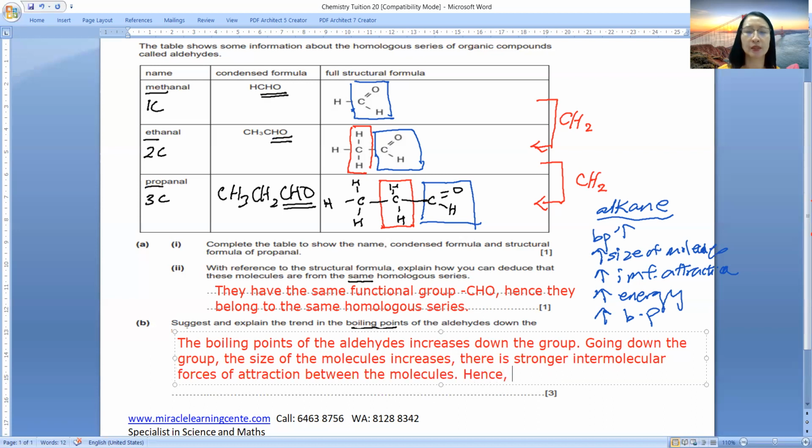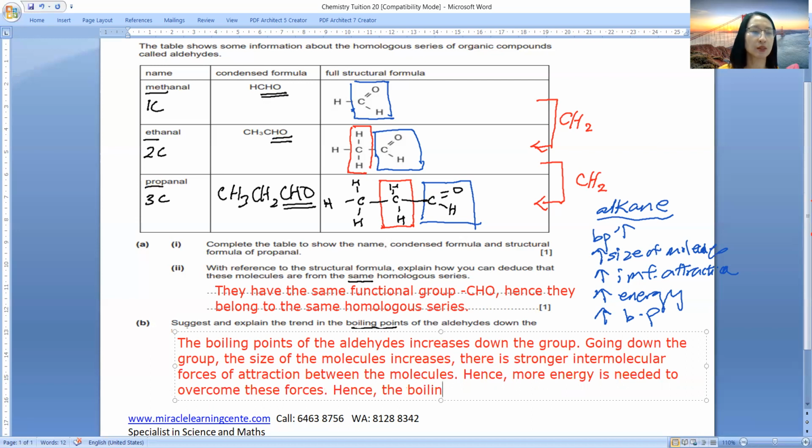Hence, more energy is needed to overcome these forces. Hence, the boiling point increases.